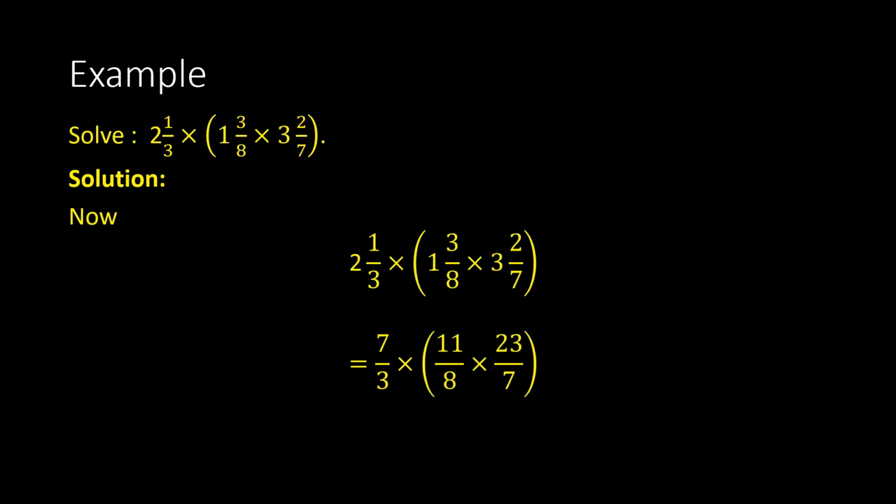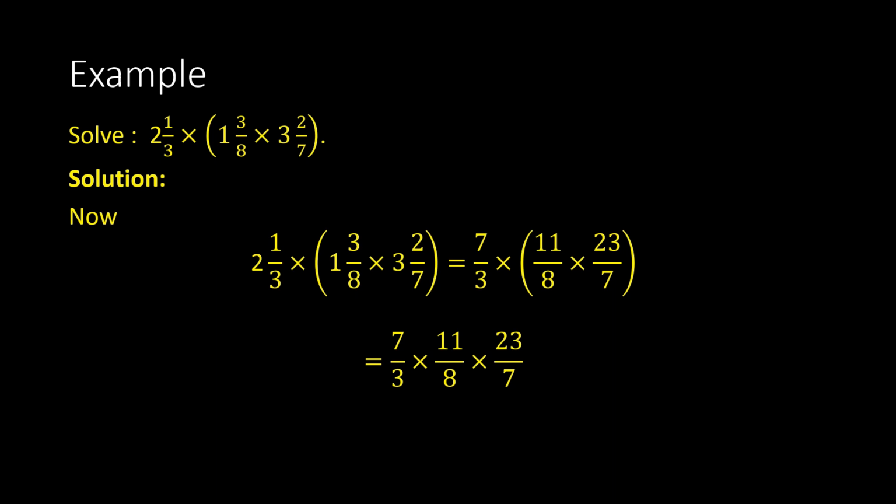Similarly, let's convert 3 and 2/7 to a top-heavy or improper fraction. 3 wholes are represented by 21 over 7, and the 2/7 is of course just 2/7. Add these together to give 23 over 7.